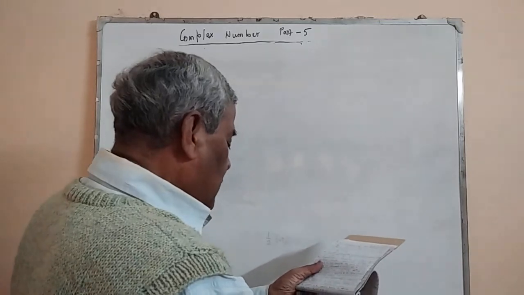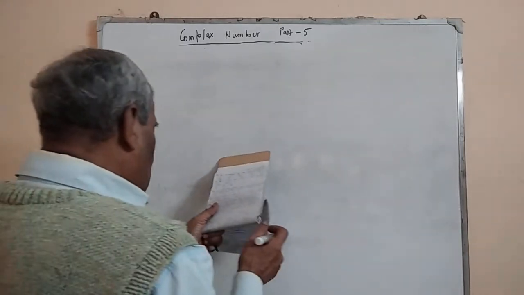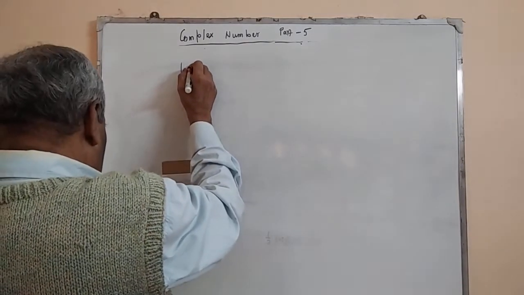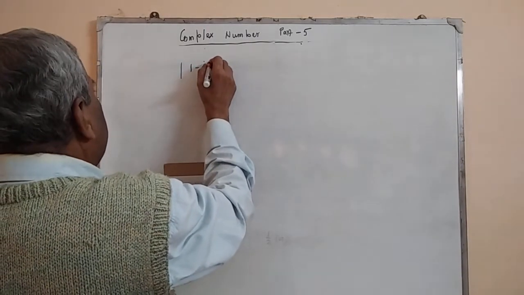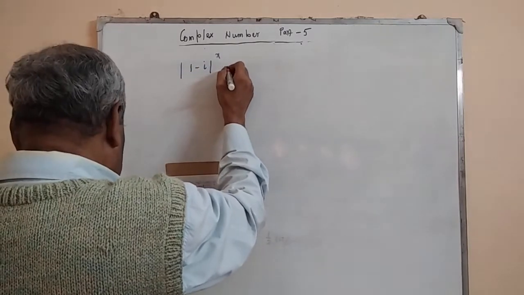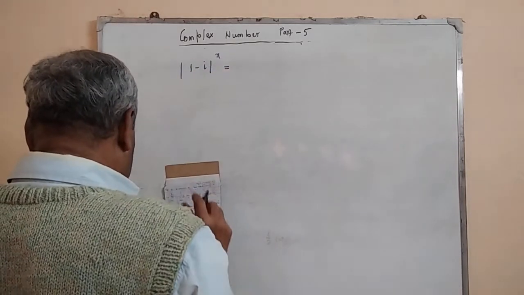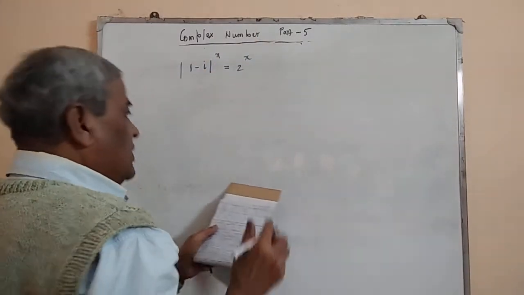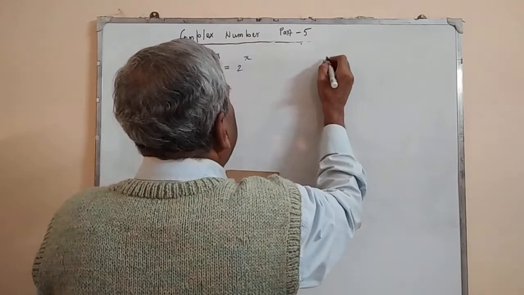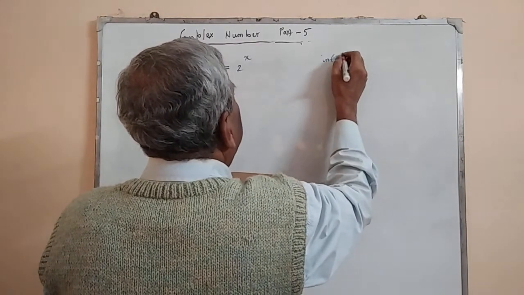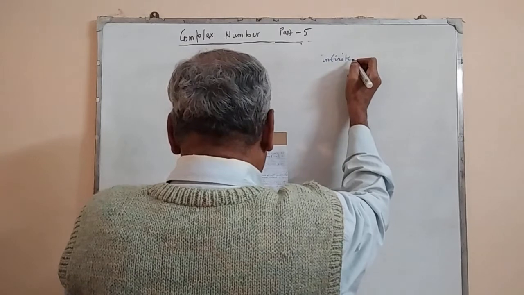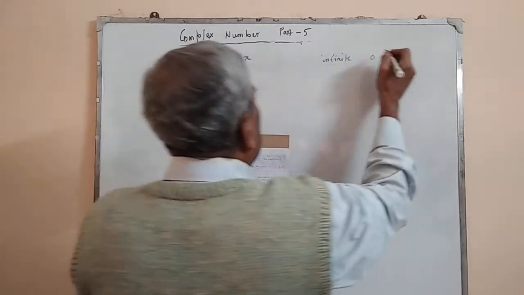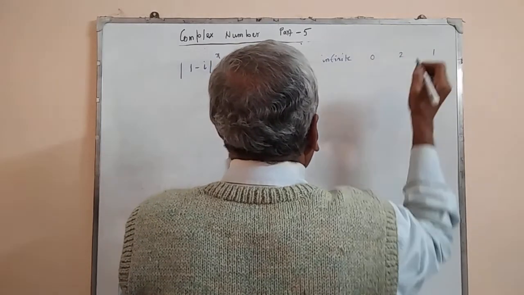The number of non-zero integral solutions of mod of 1 minus i to the power x is equal to 2 to the power x is: number 1 infinite, then 0, then 2 and 1.